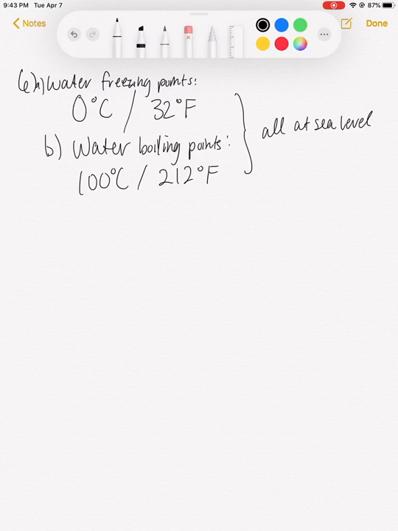Now we have these 2 points, and I'm going to make a graph here and draw 2 lines. We have 0 degrees Celsius, and that's the Celsius one, and the freezing is at 32 degrees Fahrenheit.